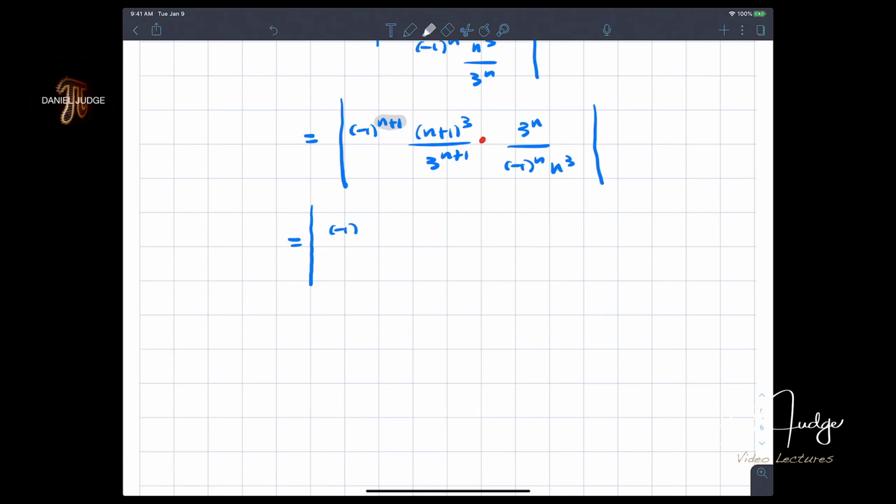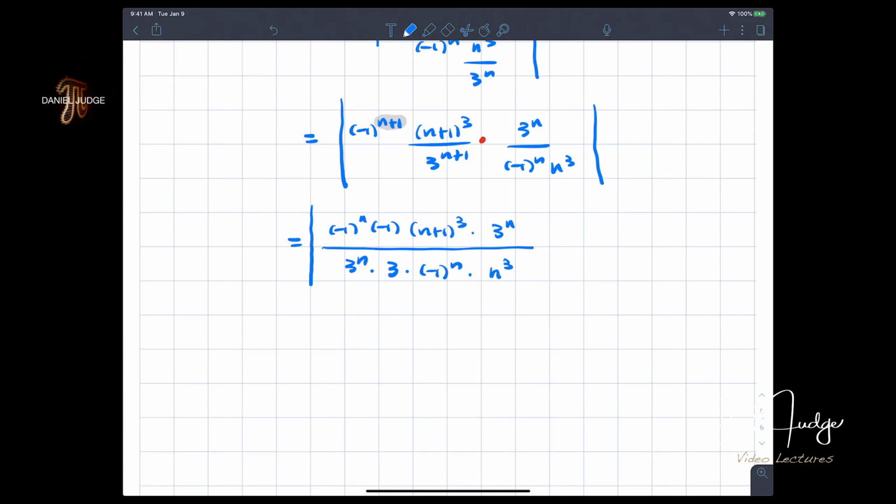Negative 1 to the n plus 1 power is negative 1 to the n times negative 1, times n plus 1 cubed, times 3 to the n, over 3 to the n times 3 times negative 1 to the n times n cubed.